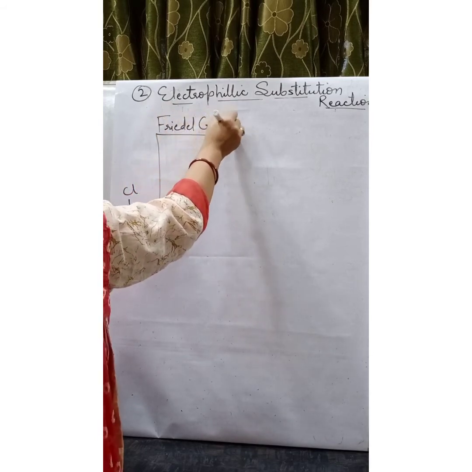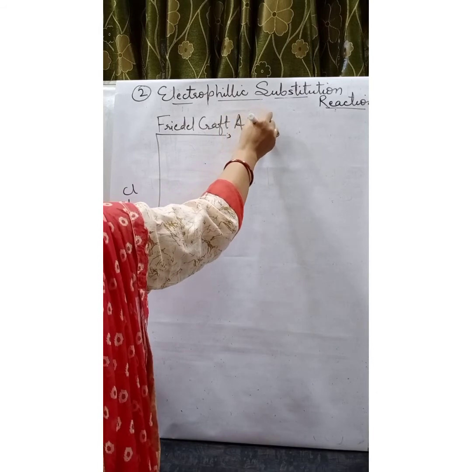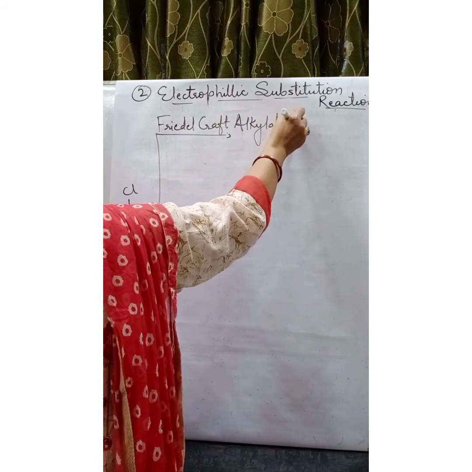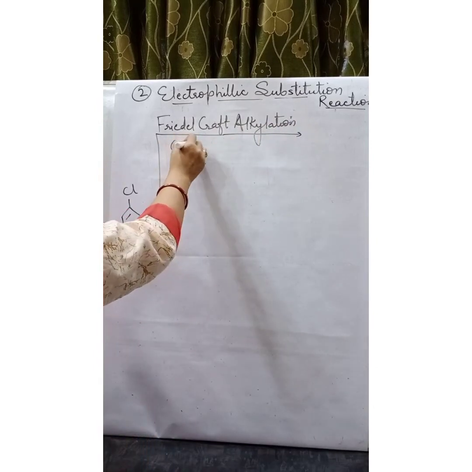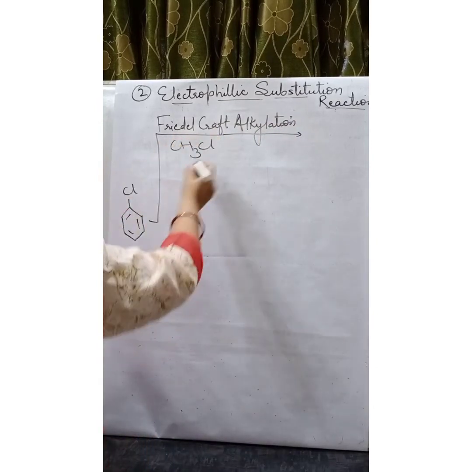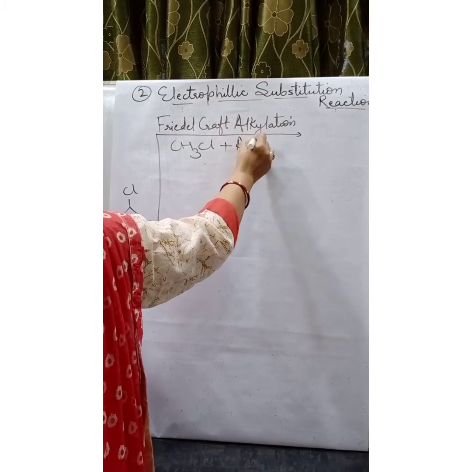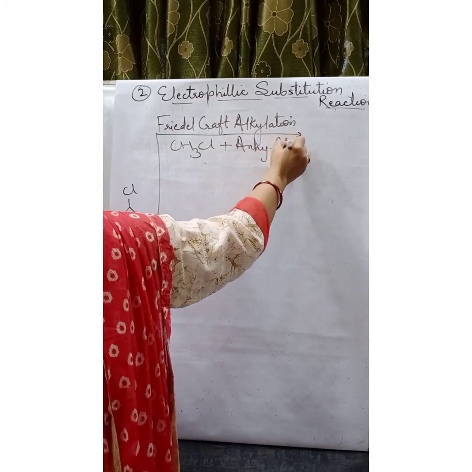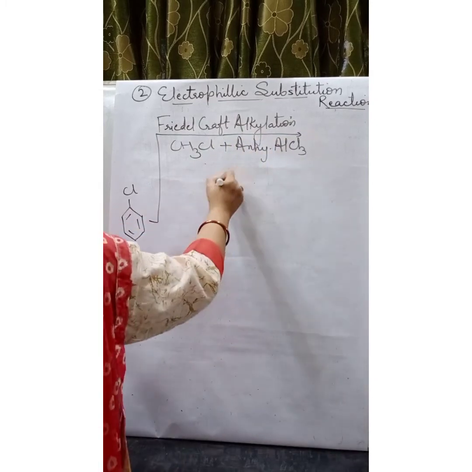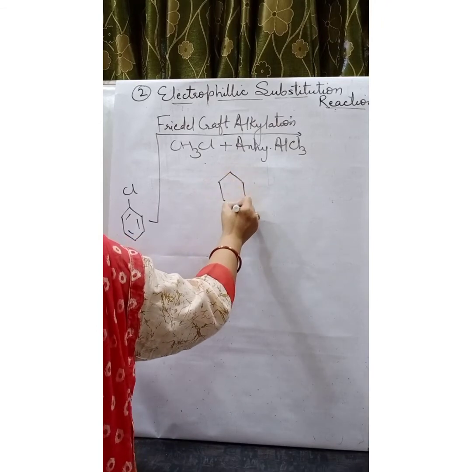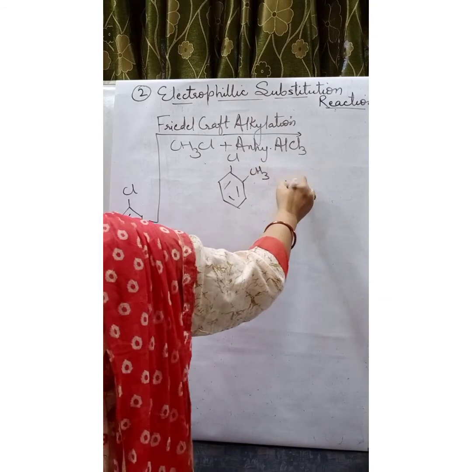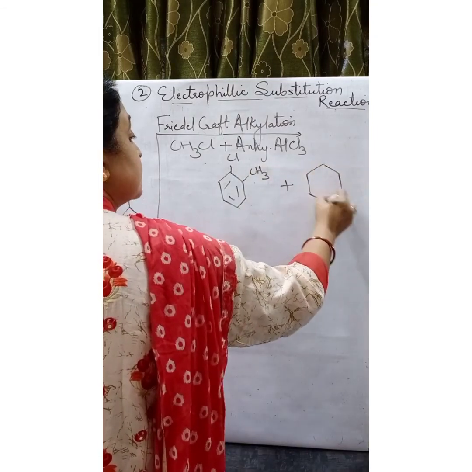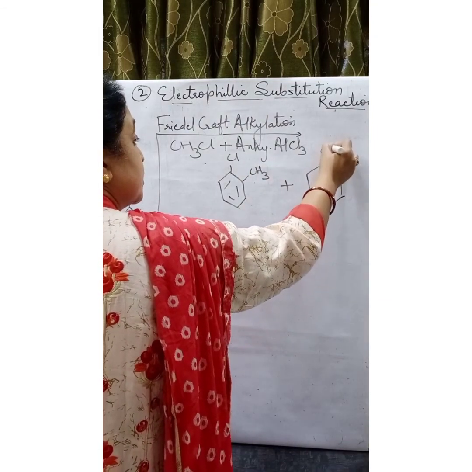Alkylation means an alkyl group is introduced in the benzene ring. So we can carry out this. Suppose we are taking methyl chloride in presence of anhydrous AlCl3. So here also what happens? The methyl group gets introduced in the benzene ring at ortho position as well as at the para position.